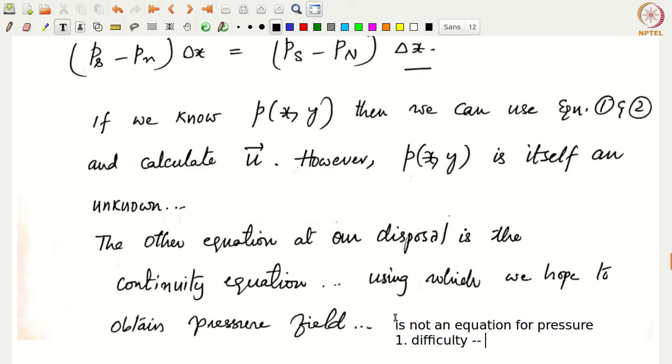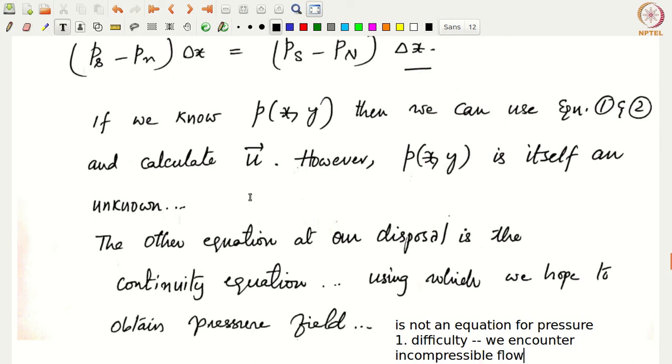However, the x momentum equation is an equation for u, the y momentum is an equation for v, whereas the equation for pressure is missing, because the continuity equation is also in terms of velocities but not in terms of pressure. This is the first difficulty we encounter when we try to solve fluid flow equations for incompressible flow.